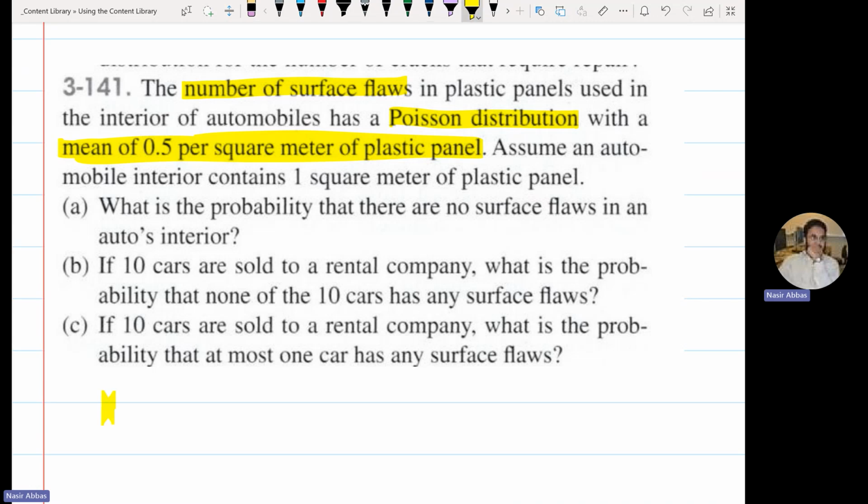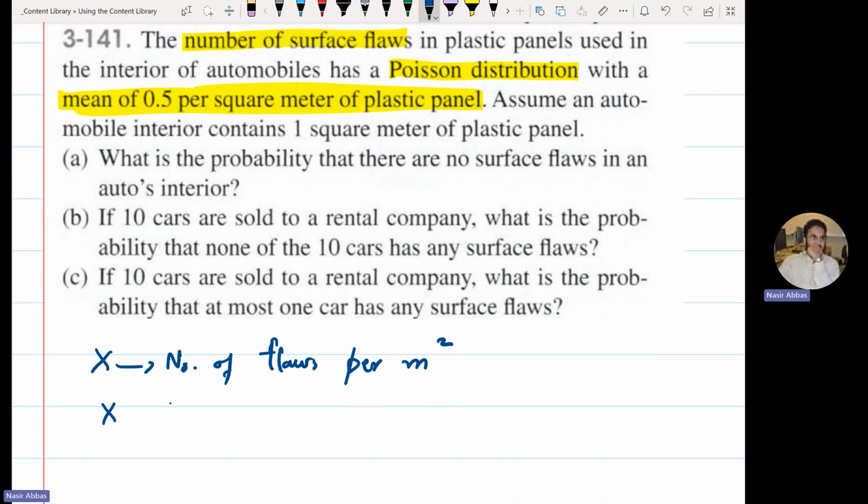So X is the number of flaws per square meter. And we know that X follows Poisson with lambda equals 0.5, correct?